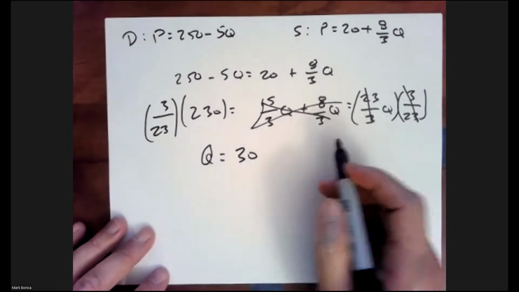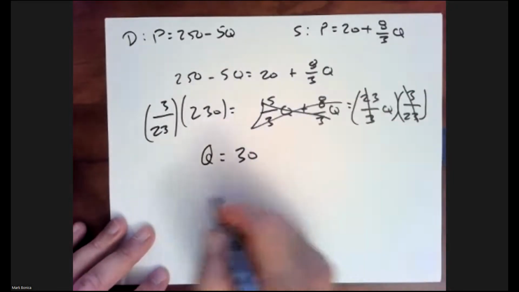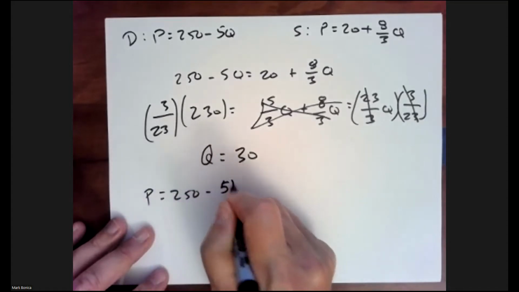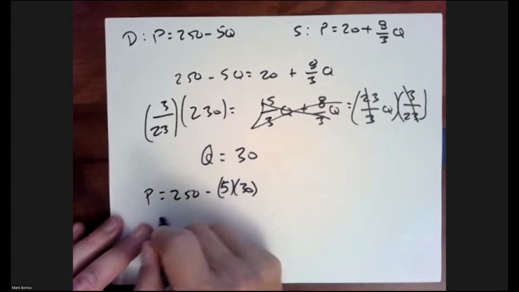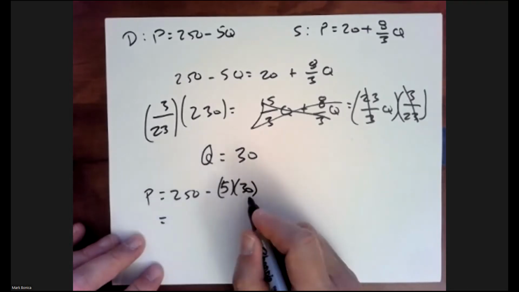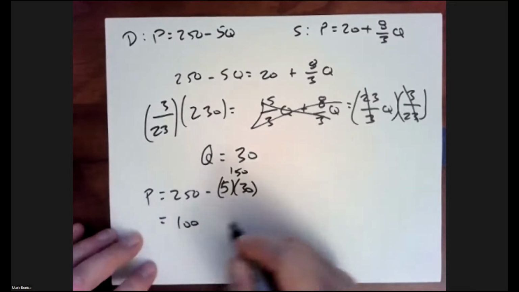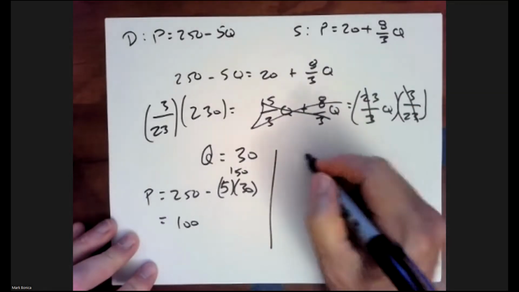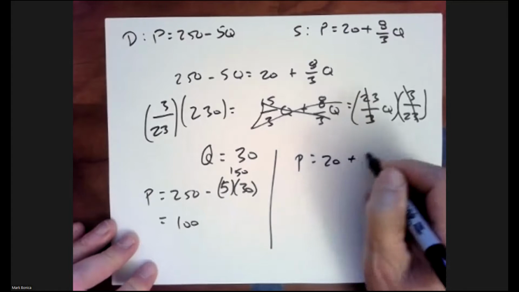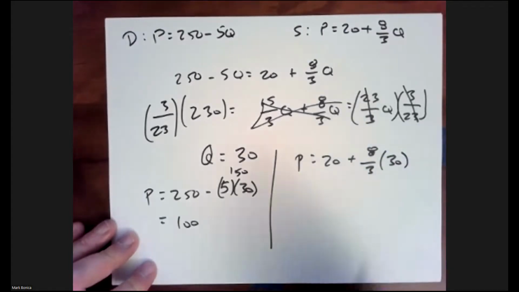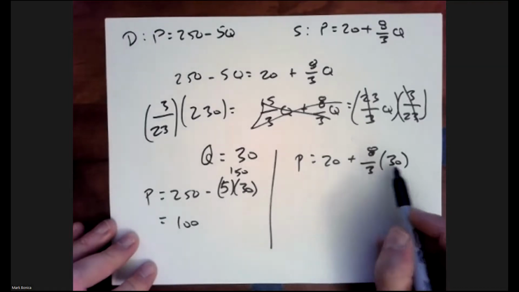So now that I know Q is equal to 30, I can put 30 into either one of these. So P equals 250 minus 5 times 30. 5 times 30 is 150. 250 minus 150 is 100. Right? I could do that, or I can go over here and say P equals 20 plus 8/3 times 30. 8 times 30 is 240.